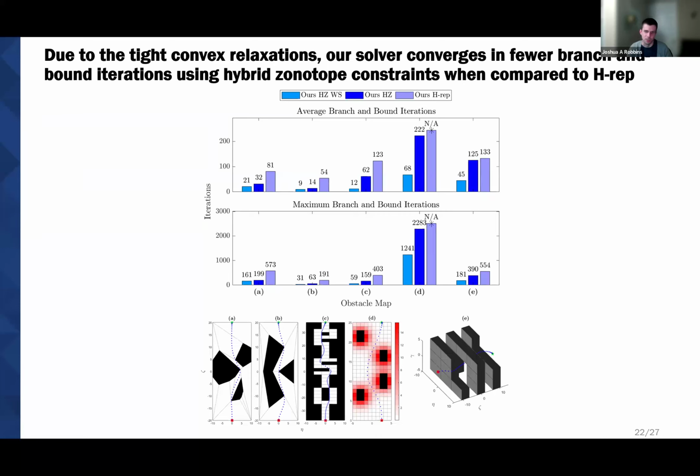The top set of bars is the average number of branch and bound iterations over the course of a simulation, and the bottom set of bars is the maximum branch and bound iterations of a single MPC iteration over the course of the simulation. And throughout, our solver using hybrid zonotope constraints converges in fewer iterations than the same solver using HREP constraints.